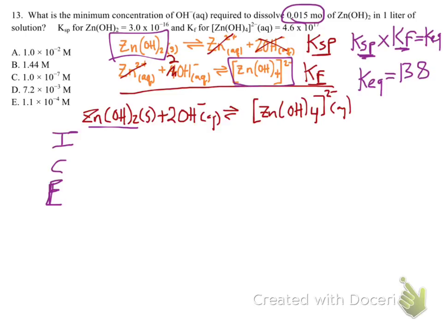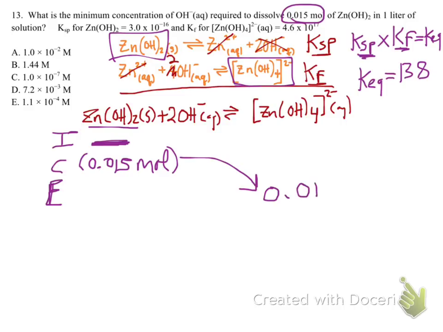Well, we can't officially have a concentration of a solid, but we know that we want to dissolve the 0.015 moles of this in 1 liter of solution. So we want to convert all of that into the zinc hydroxide complex. We want it to be all swept into that. So it's that many moles per liter.